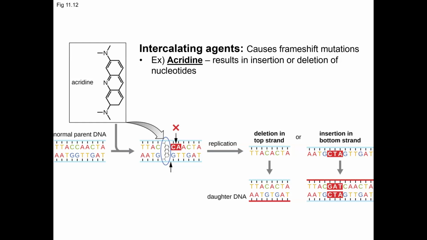And when DNA polymerase gets to that intercalating agent, it can add or remove nucleotides. It can lead to deletions or insertions. And that causes frame shift mutations, right? You add or remove nucleotides, you push the reading frame out of frame. All right, so any questions with the chemical mutagens?